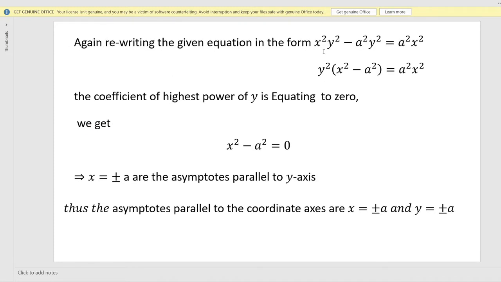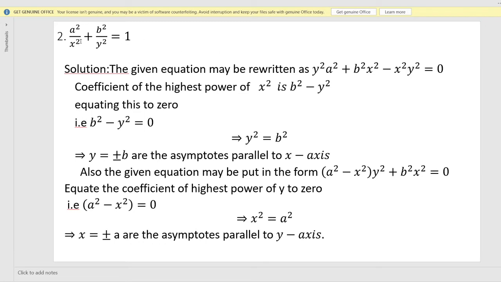What we have: x²y² − a²y² = a²x². Taking y² common, y²(x² − a²) = a²x². Equating the coefficient of the highest power of y to 0, we have x² − a² = 0. Then x² = a², x = ±a are the asymptotes parallel to the y-axis. Thus, the asymptotes parallel to the coordinate axis are x = ±a and y = ±a.